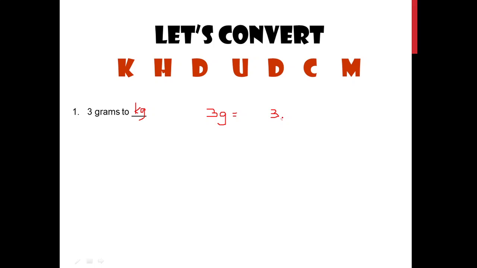From my decimal point here, I will go 1, 2, 3. This is my new decimal point because I moved 1, 2, 3 places from my original position toward the kilogram. Then I'll just add zeros in the empty spaces. So 3 grams in kilogram is 0.003 kilogram.